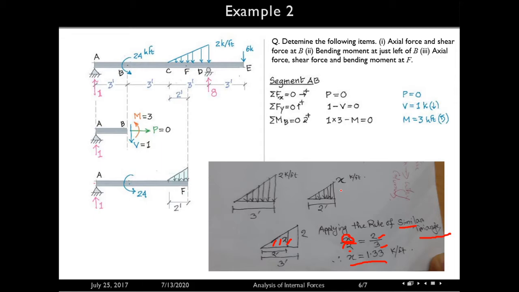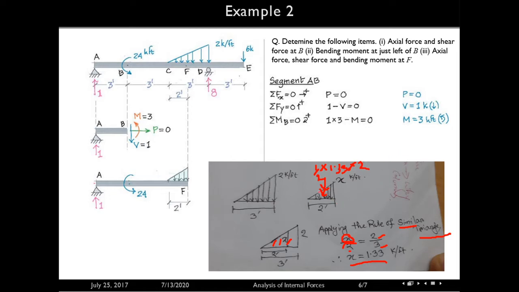So the total load acting here will be half into 1.33, as we have calculated the value of x as 1.33, into base, which is 2.